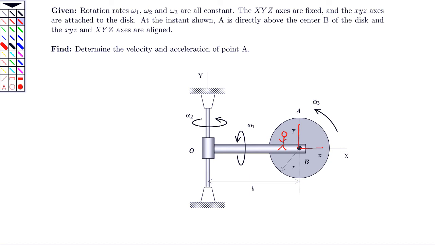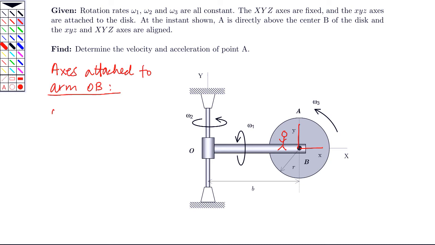So the equations I'm about to write in red are the ones that are for the original solution to the problem. So the red set of axes and observer are attached to the arm OB. And if you watch that other solution, you've already seen how this turns out.